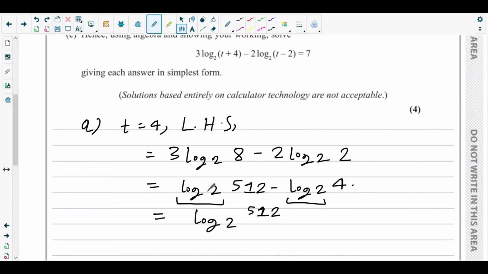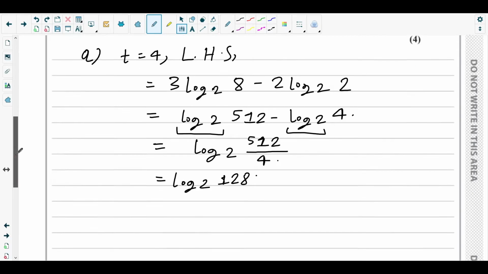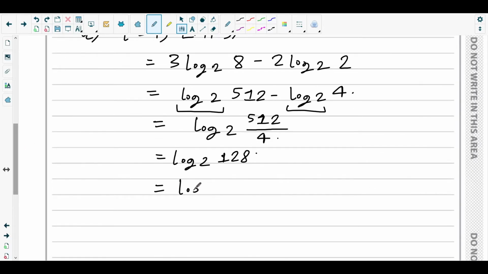Two logarithms with the same base and subtraction between them, so it will be divided. So 512 over 4 would give you log base 2 of 128. So 128 can be written as 2 to the power 7, isn't it? 2 to the power 7, 128 exactly.